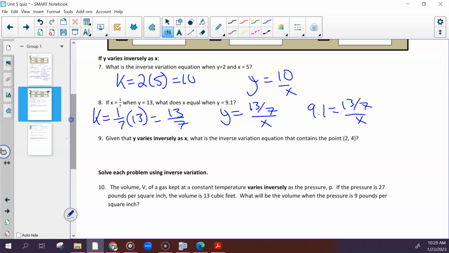If you were doing it like this, some of you were trying to multiply 13/7 on both sides, but that wouldn't get x out of the denominator. So you have to multiply by x first, and then divide by 9.1. So I'll go back.